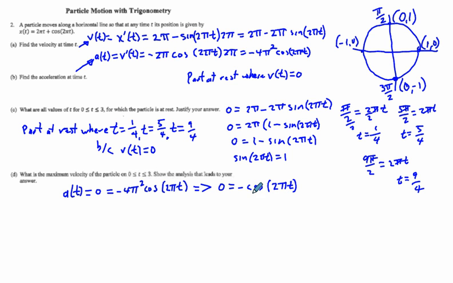So we can say those become our critical numbers. You can see that cosine is 0 along this y-axis. So really, let's go ahead and set that up.